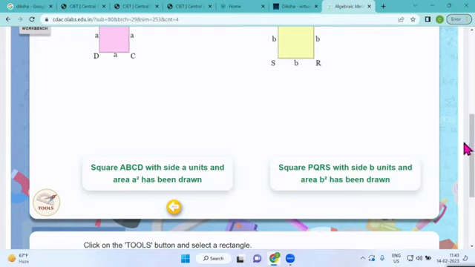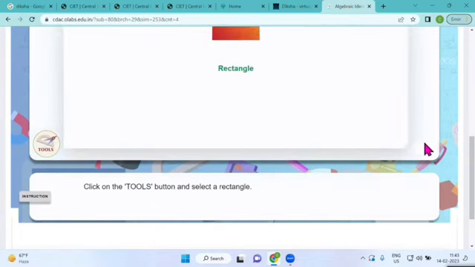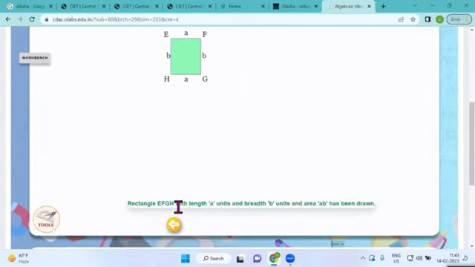Now we have another instruction: click on the tools button and select the rectangle. So again we will click on the tools button and choose the rectangle. In this first rectangle we have length A units and breadth B units, so the area of this rectangle will be AB.